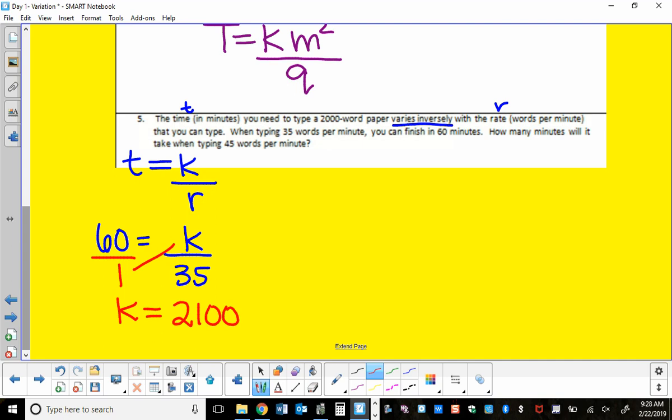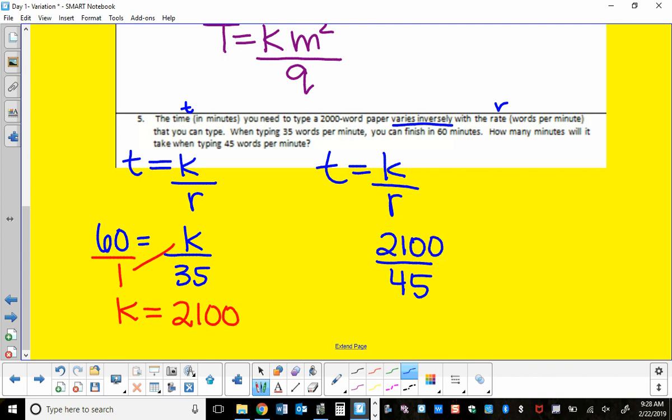I'm going to keep my same equation, T equals K divided by R. All right, so it says, how many minutes will it take when typing 45 words per minute? So my rate is going to be 45. My K is 2,100. And they want to know how long it's going to take me. So 2,100 divided by 45, and you should get 46.666.